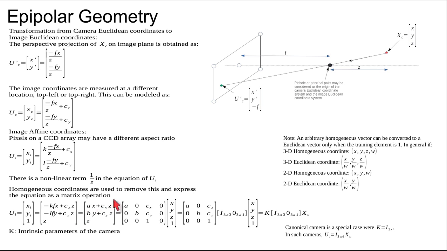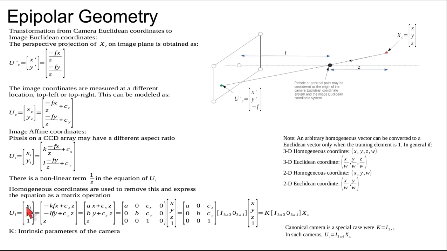Now this can be expressed in a matrix fashion using this equation. So your homogeneous coordinates xi yi 1 is equal to this matrix multiplication, which can further be represented in the following form. Note that x, y, z and 1 are your camera Euclidean coordinates. K is equal to this matrix, which is also known as the intrinsic parameters of the camera.